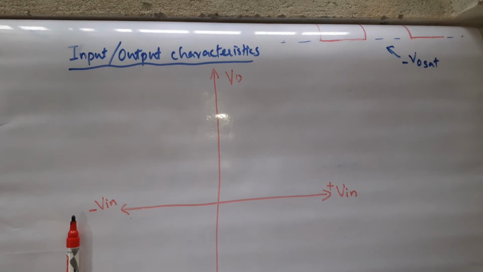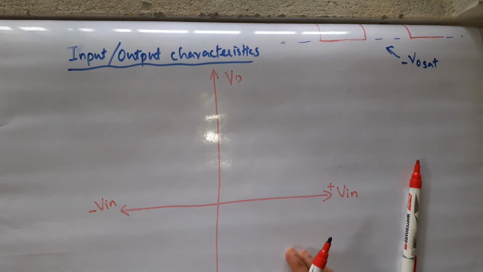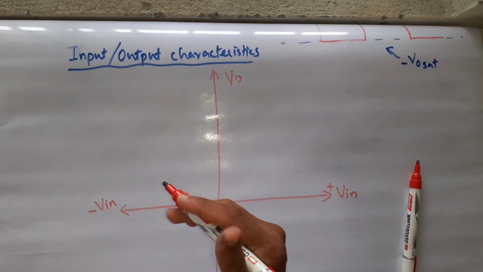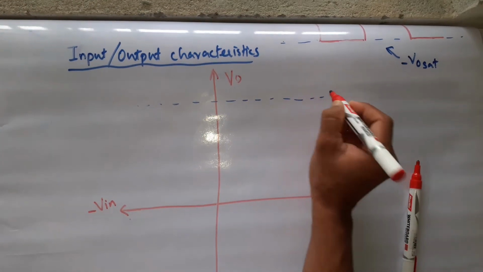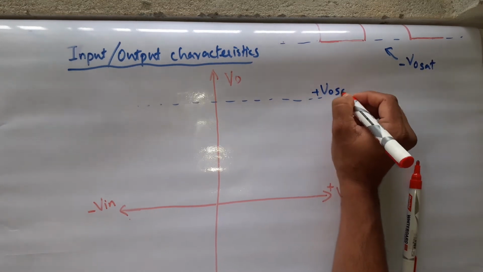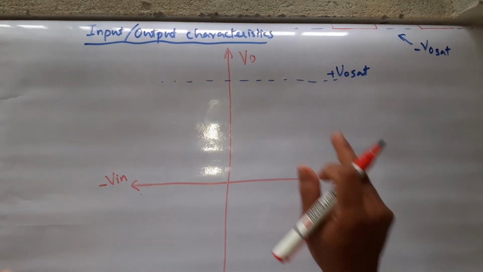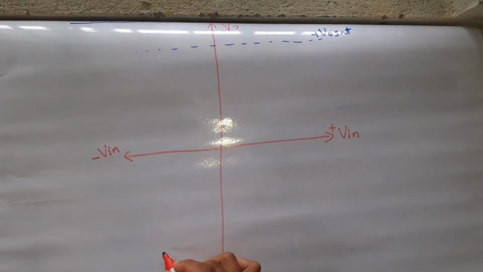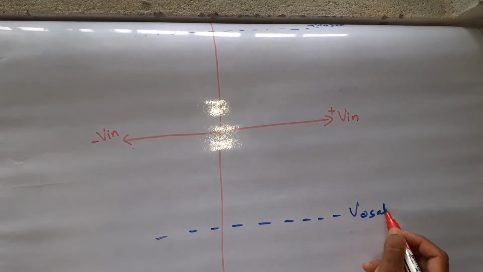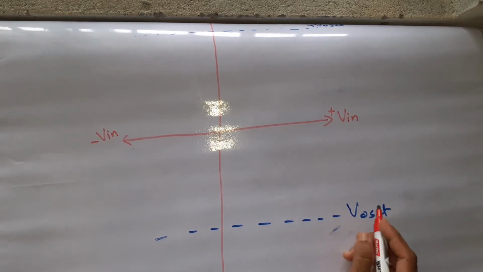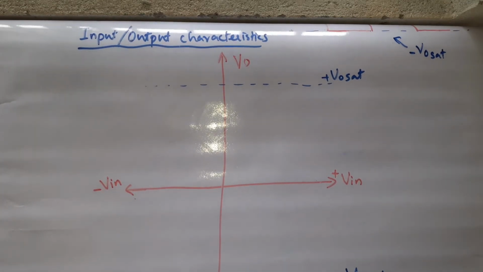Okay, now how much your output will increase? So let me have a limit, like this is your plus V naught sat line. Okay, plus V naught sat line, maximum output. And similarly, let me have a minus V naught sat voltage. All right.